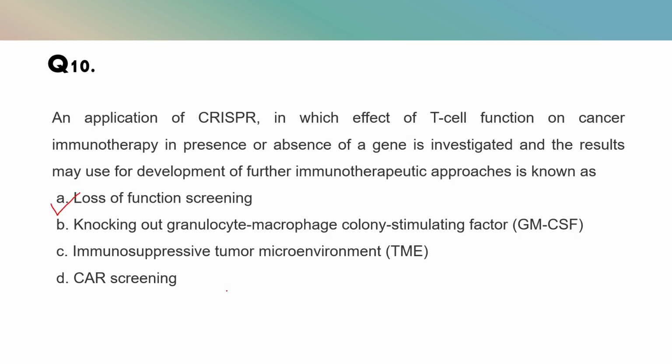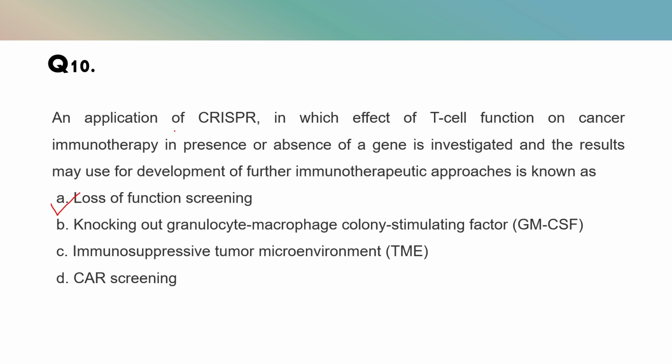If you know about CRISPR, as we have already discussed in our previous TA sessions, and if you have not attended that session, you can go through the YouTube videos where you will find the CRISPR-Cas TA session. Then you will know that this CRISPR method is used for gene editing or specifically for gene knockout.